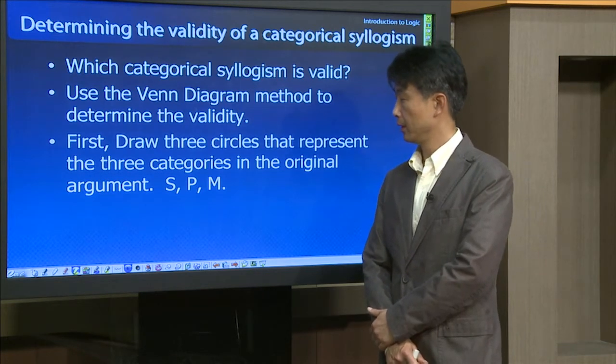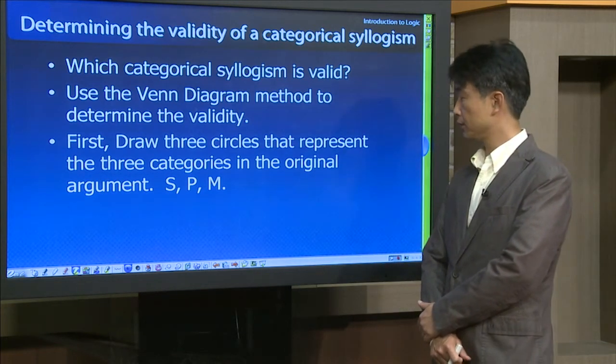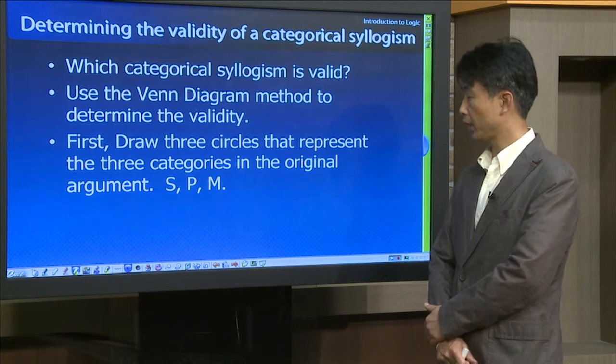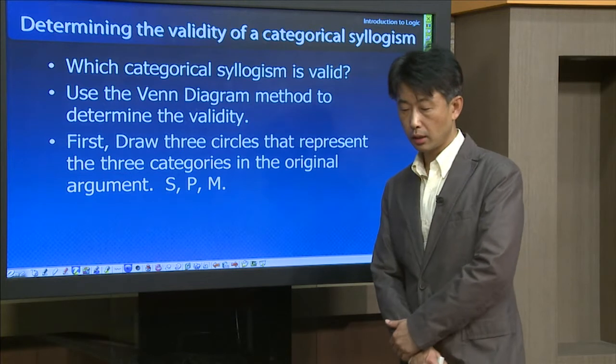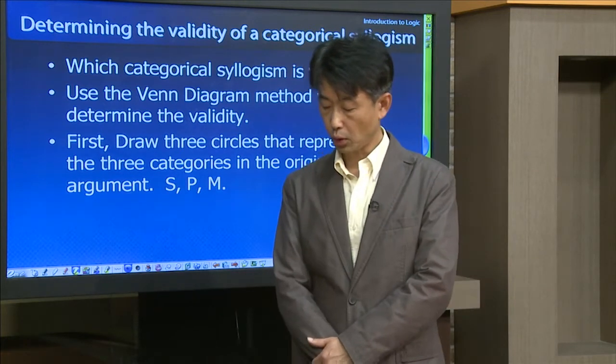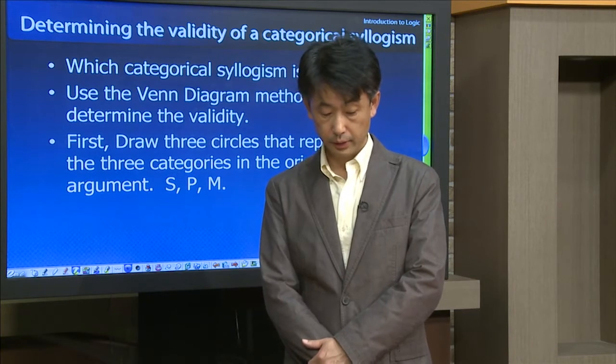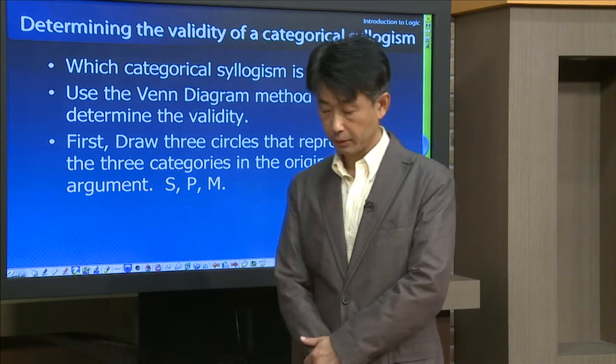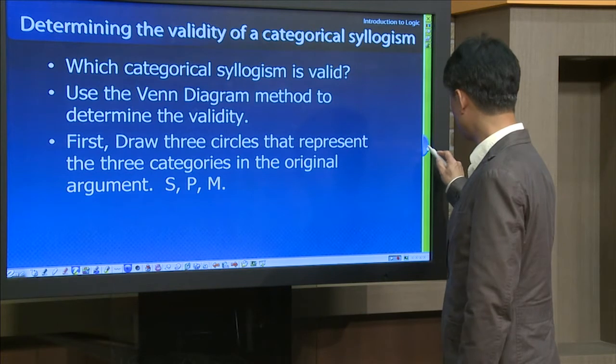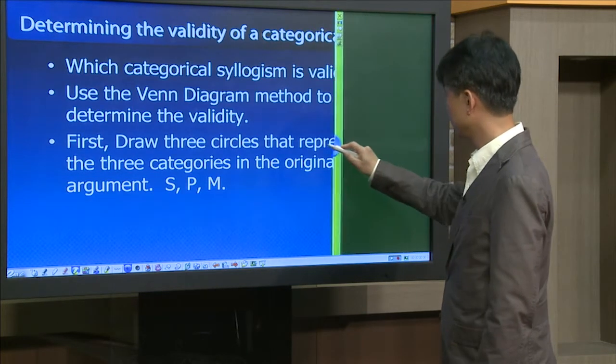First, draw three circles that represent the three categories in the original argument. I think it's useful to talk about an example. Let me write down an example here.